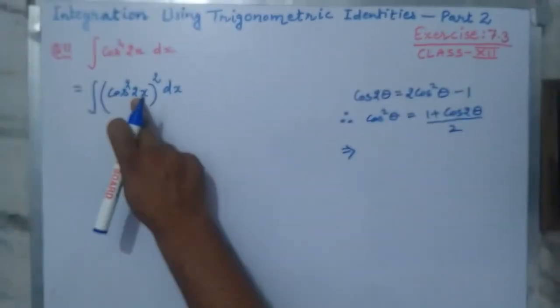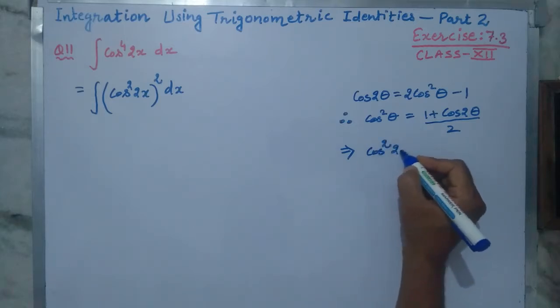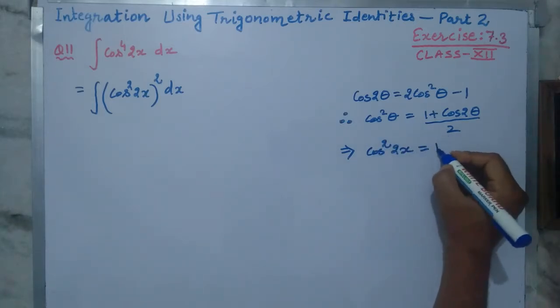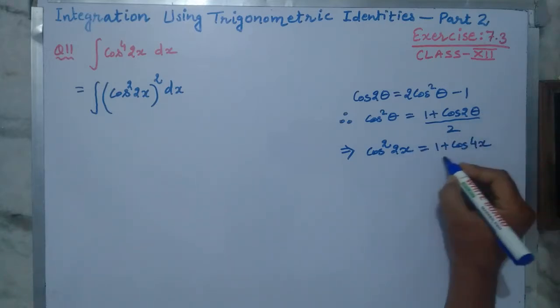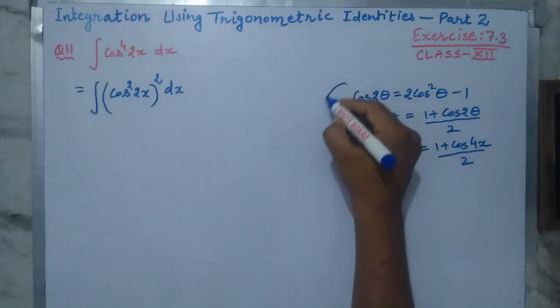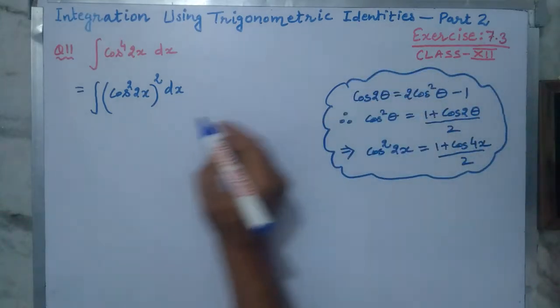So cos square theta is equal to 1 plus cos 2 theta divided by 2. So put theta equal to 2x. We have cos square of 2x is equal to 1 plus cos of 2 into 2x, meaning 4x, upon 2.